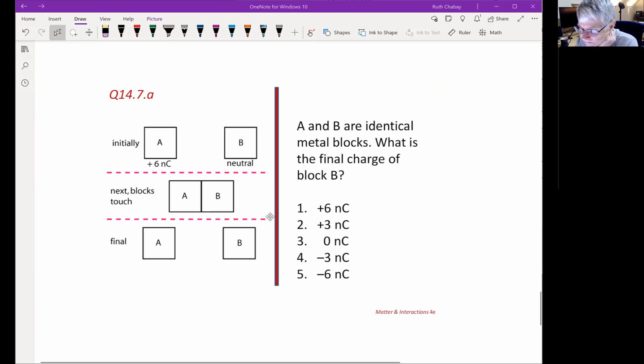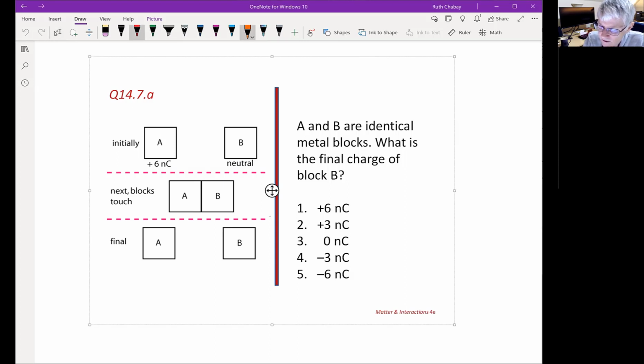So here we've got a deficiency of electrons in block A. A has fewer electrons than it has positive cores, and block B is neutral. We have exactly the same number of electrons. When we put these blocks together, the minute they touch, what is the electric field inside block B going to be?